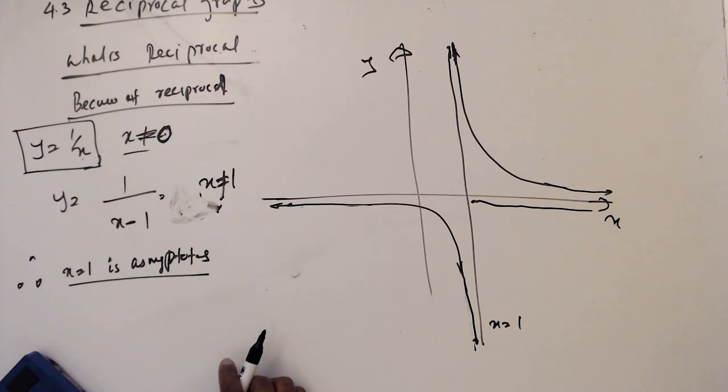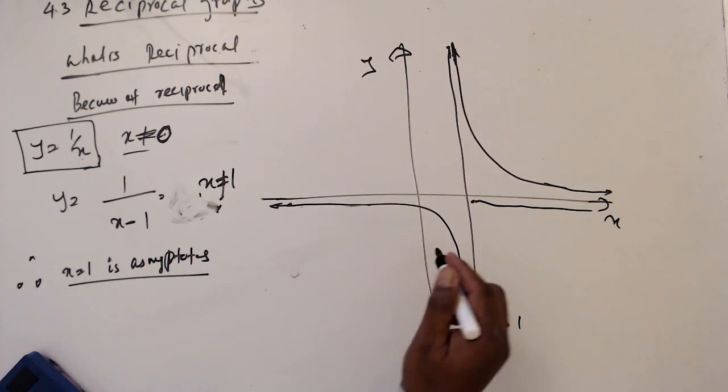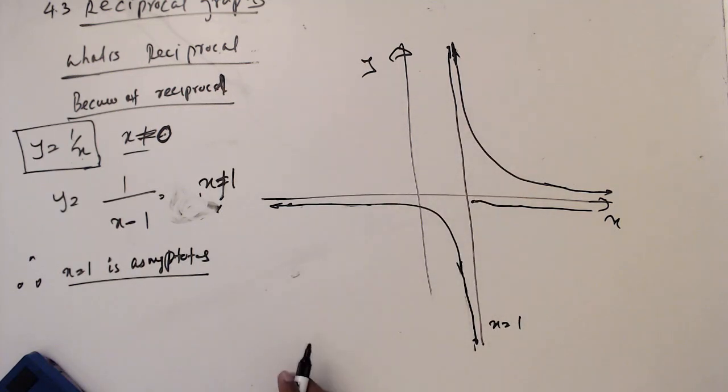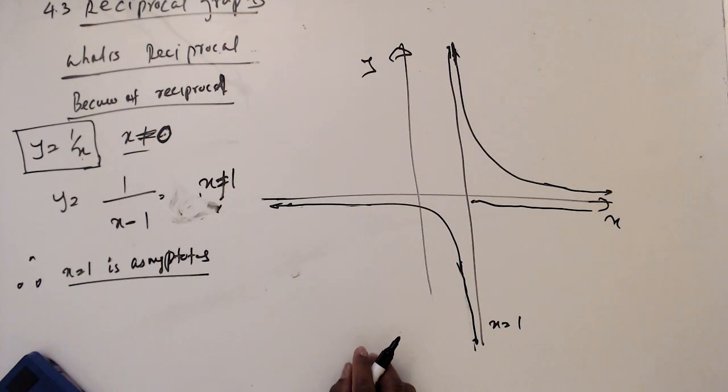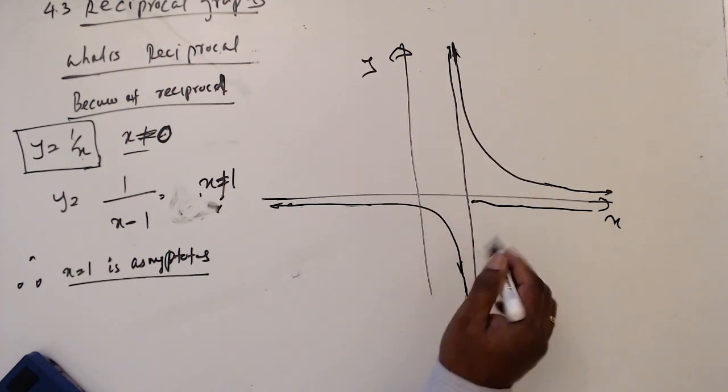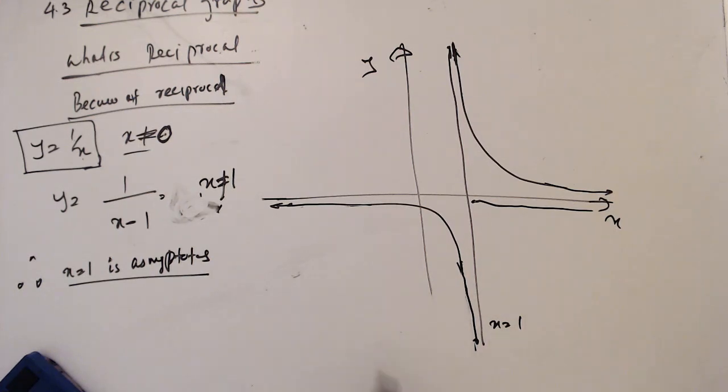So in general, we don't take x equal 1 as an answer for this. Basically, for this graph, we can't find a value for x equal 1.